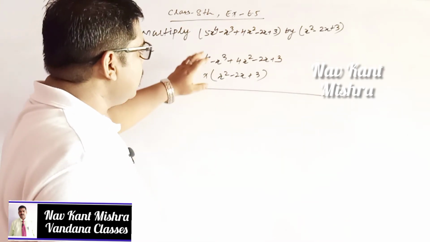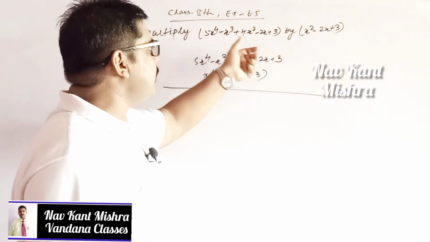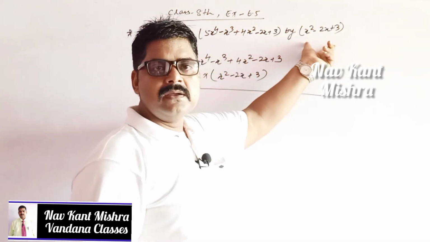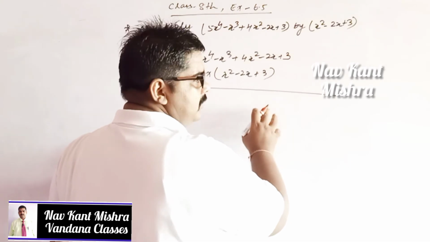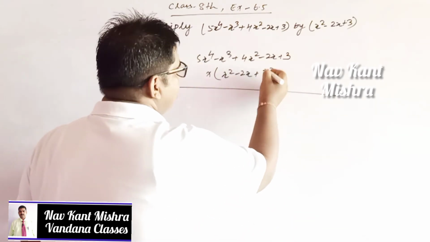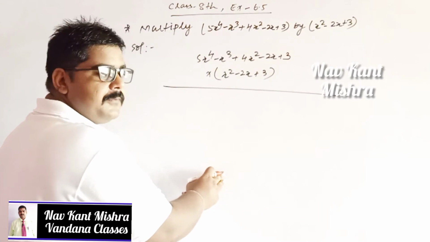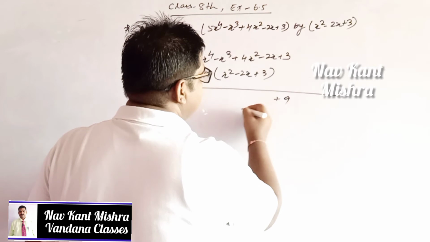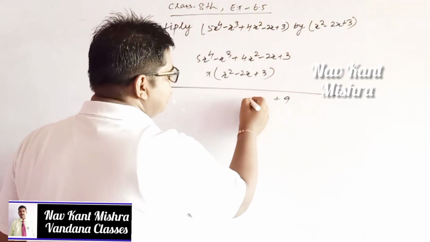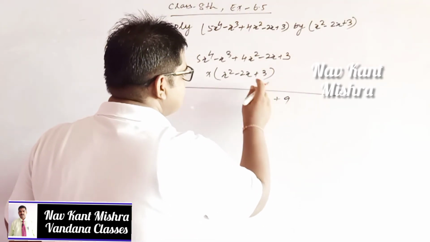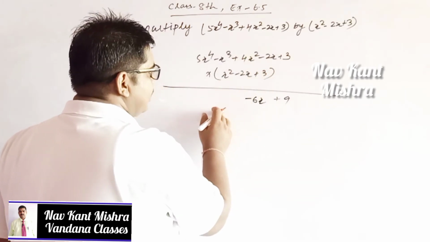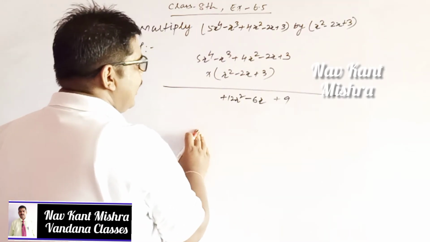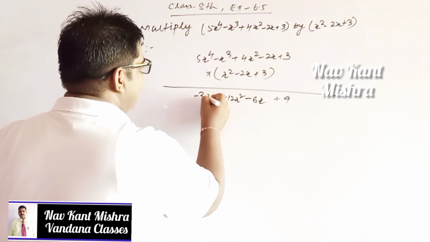My dear student, here two expressions you have to multiply. One pentanomial has been given, and the second one is a trinomial. In the column method, you know very well that you have to multiply one by one all of its terms. 3 multiplied by 3 gives plus 9. 3 multiplied by minus 2x gives minus 6x. 3 multiplied by 4x squared gives plus 12x squared. 3 multiplied by minus x cube gives minus 3x cube.